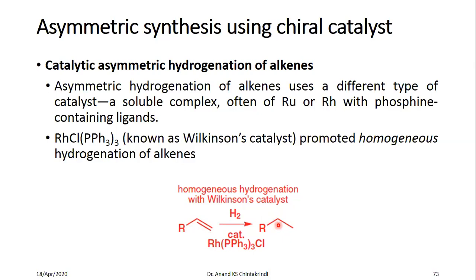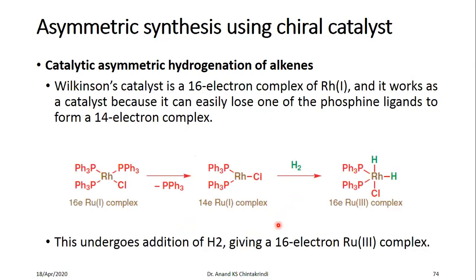First, let us understand how this Wilkinson catalyst works. Wilkinson catalyst is a 16 electron complex of rhodium, and it works as a catalyst because it can easily lose one of its phosphine ligands to form a 14 electron rhodium complex. This must be rhodium here in this case.